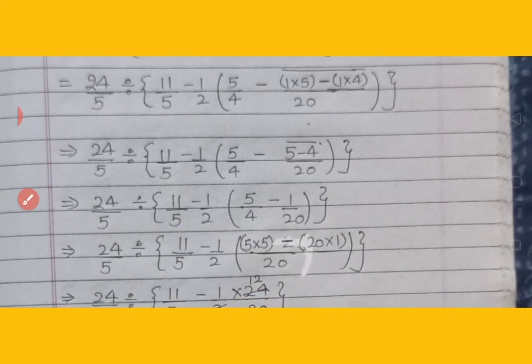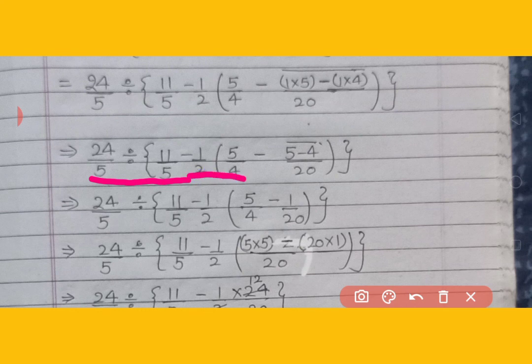Now 5 minus 4 is equal to 1 upon 20. Now 1 upon 20 is coming. Now taking the common denominator of 4 and 20, it became 20. So 4 5s are 20, 5 5s are 25, and 20 divided by 20 is 1 time.